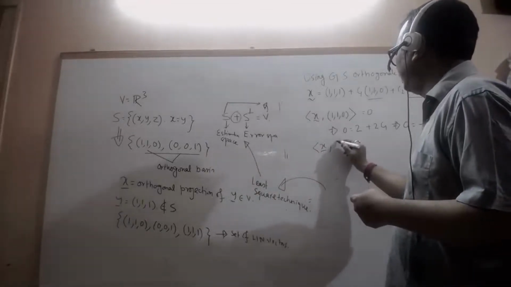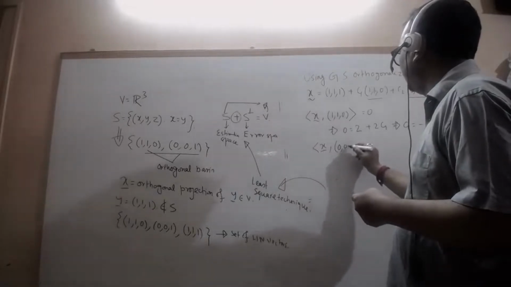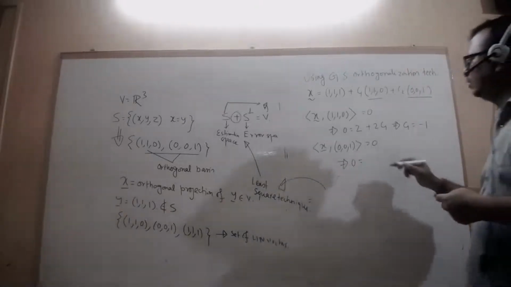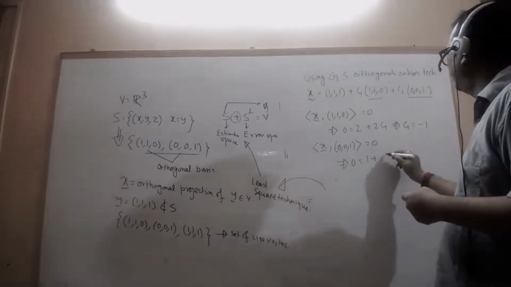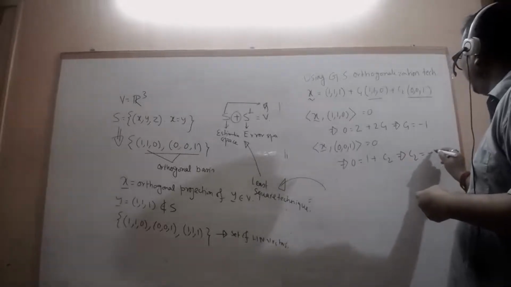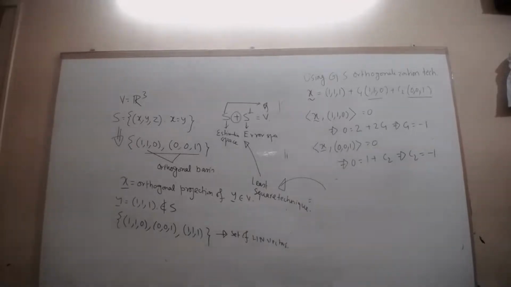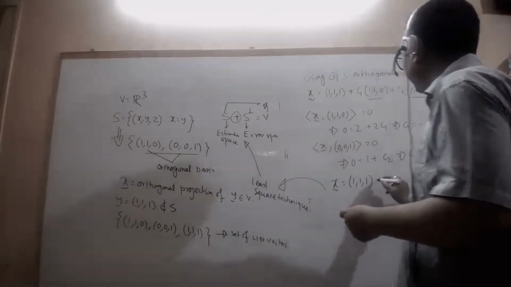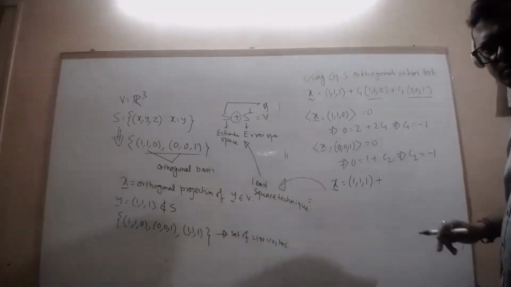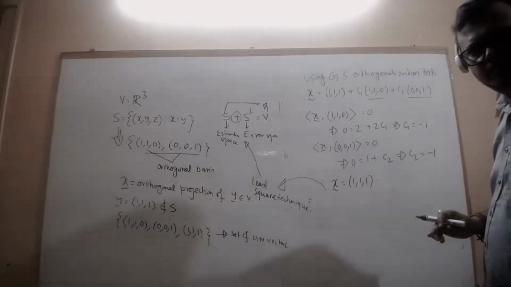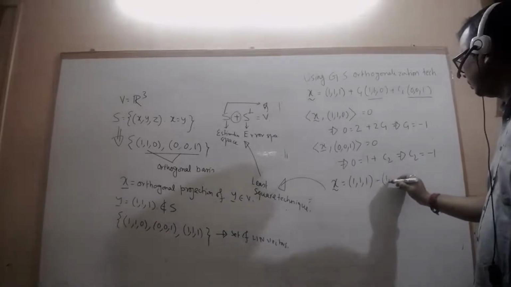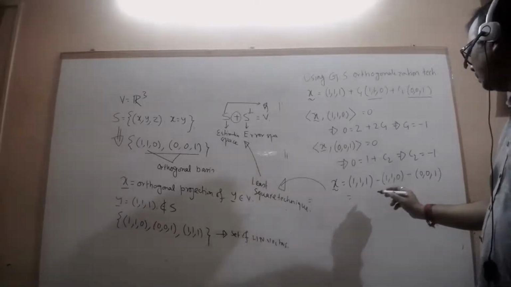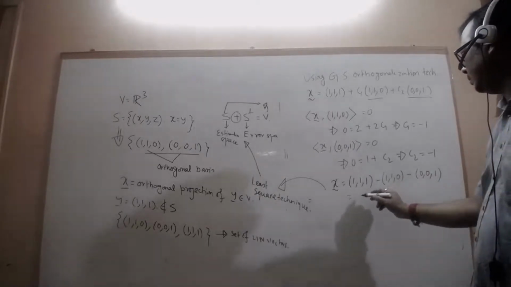Again, similarly, c2 equals minus 1. So x-cap is nothing but 1, 1, 1 minus the vectors, which gives the null vector.